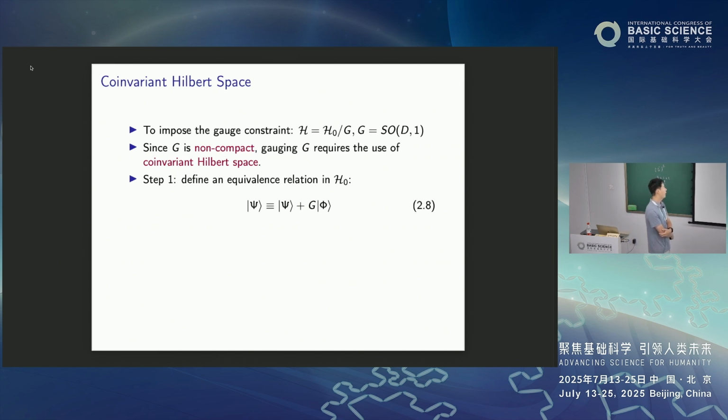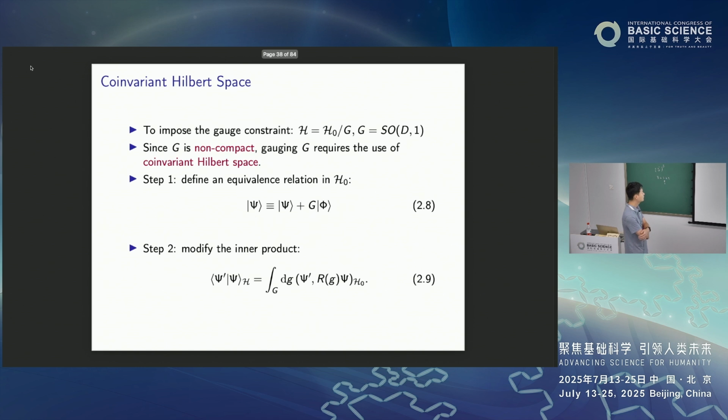It consists of two steps. The first step is to define an equivalence relation in the original Hilbert space: you define two states to be equivalent if they differ by the action of a gauge transformation. And second, you need to modify the inner product. The modified inner product is related to the original inner product by a group average over SO(D,1).